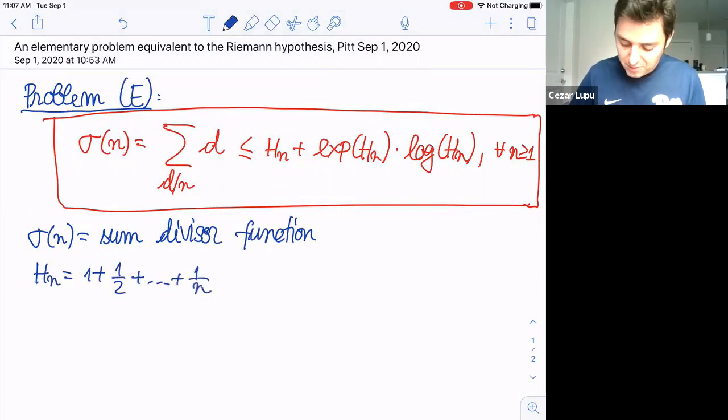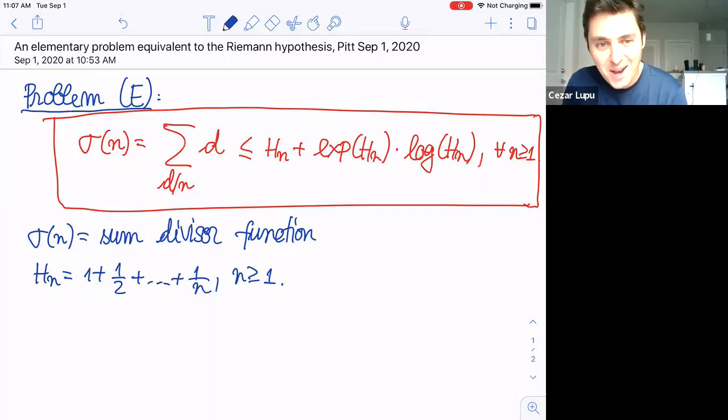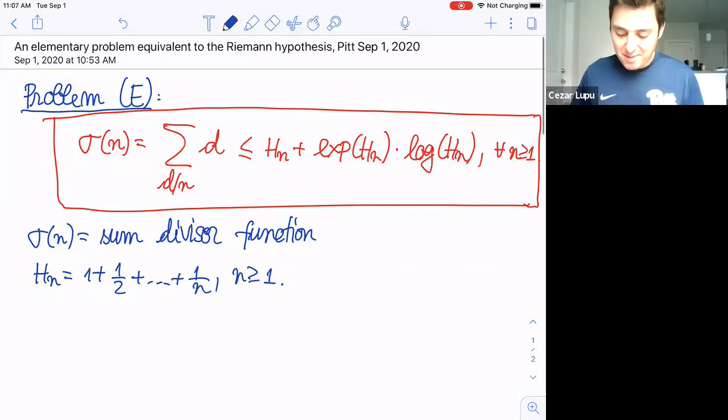Again, this is done in any introductory analysis course. If you look at this statement, it looks very simple, almost like a homework problem.